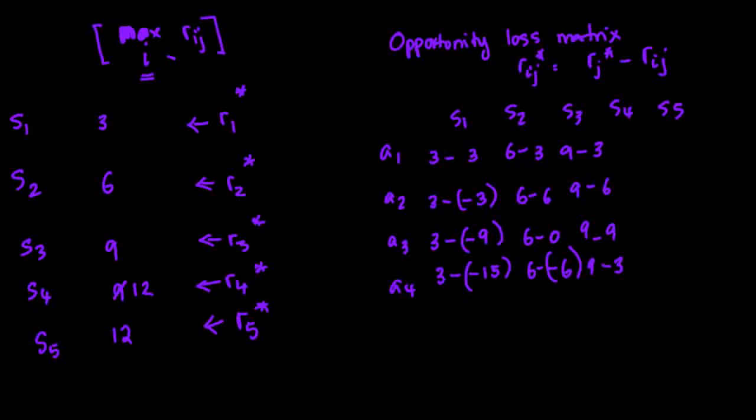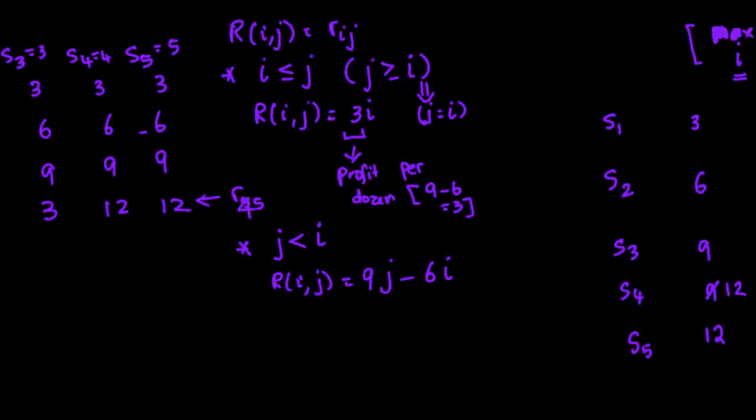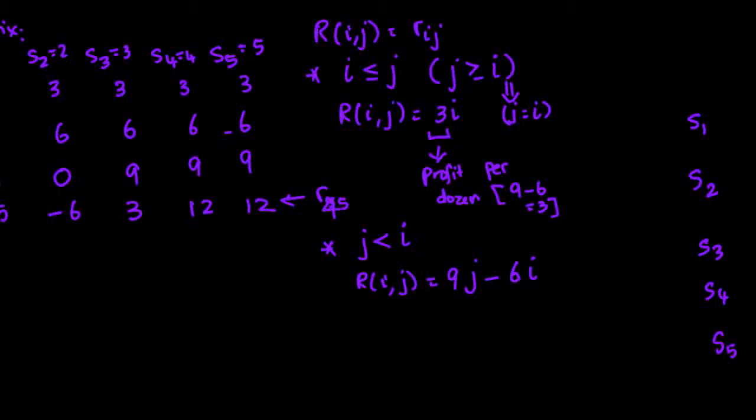Now I do the same thing for the fourth and the fifth columns. In both of those cases, the maximum possible reward is 12, and I'd have to subtract the rewards from the reward matrix that we had already found, and those values are 3, 6, 9, 12 for the fourth column, 3, minus 6, 9 and 12 for the fifth column.